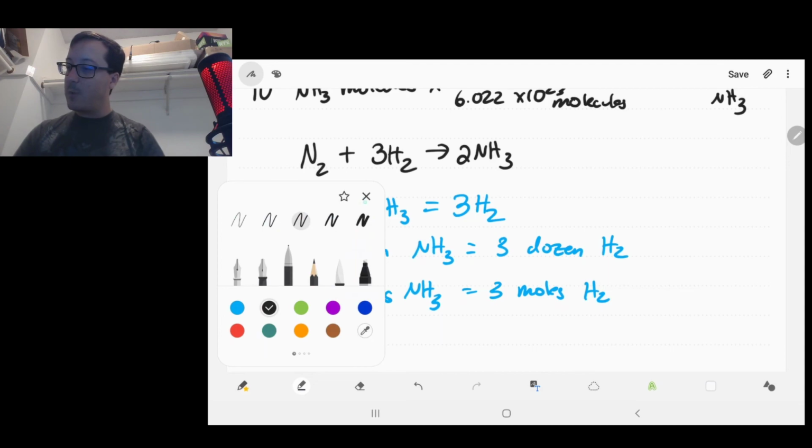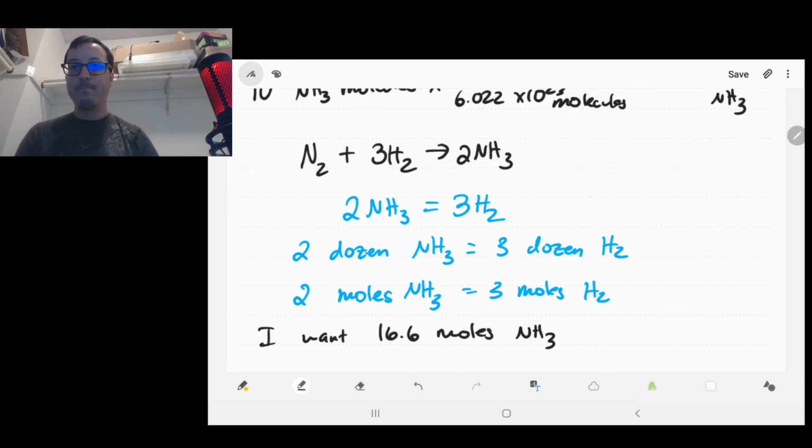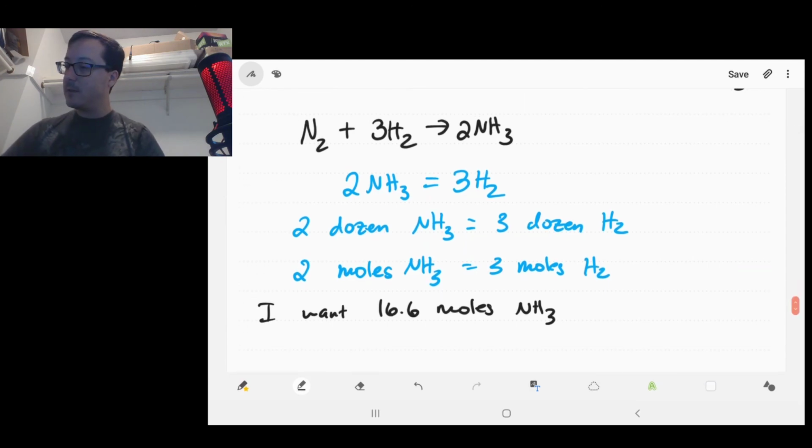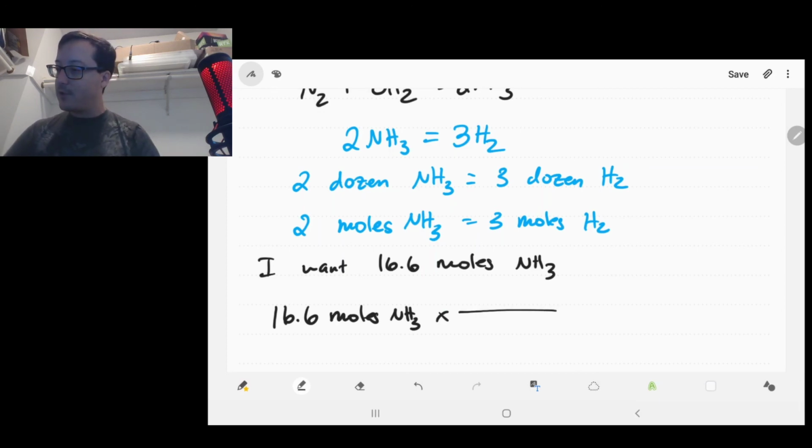If we saw that I wanted 16.6 moles of ammonia, we can see how much hydrogen I would need by using this relationship, using the coefficients from our reaction. We can say, okay, 16.6 moles of ammonia, just like any other unit conversion, we can use this as a conversion factor.